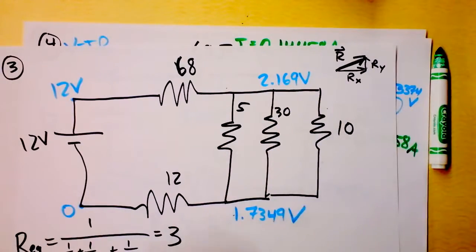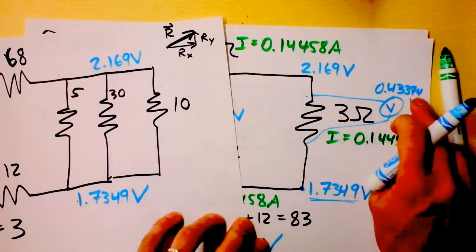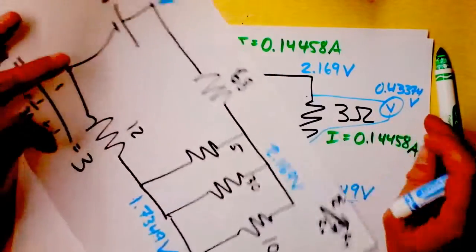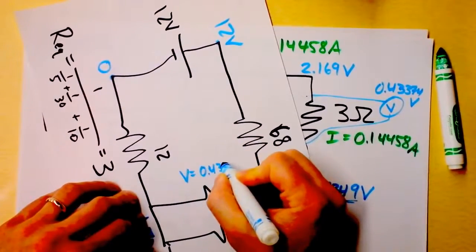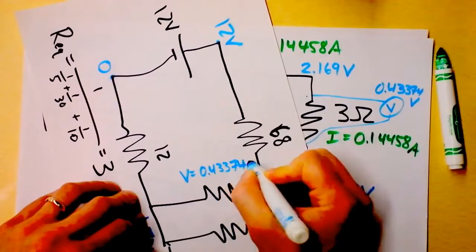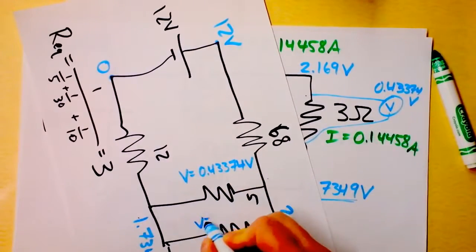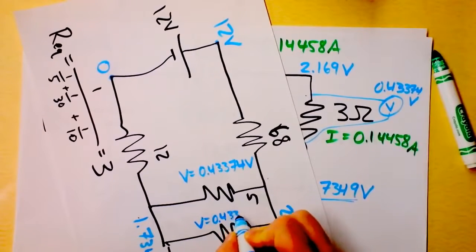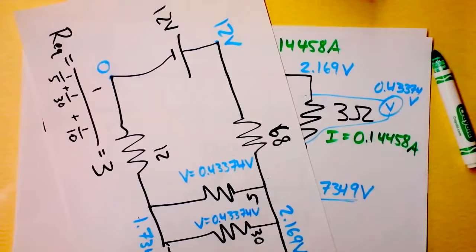And I simply have to subtract those two, or I could look over here because I wrote it down at 0.43374. And I'm going to write that down sideways. V equals 0.43374 volts. That's the voltage drop across each one of these resistors.